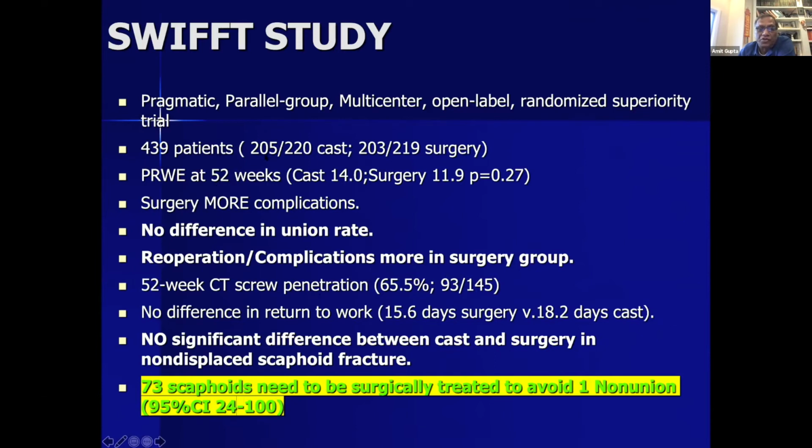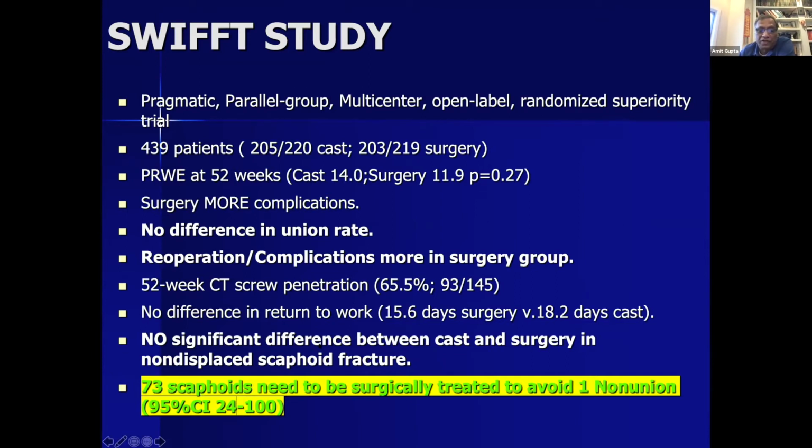Half of the patients were treated by cast, the other half by surgery. They found that surgery had more complications, and there was no difference in the union rate. Reoperation complications were more in the surgery group. Then they did a 52-week CT for surgical cases and found screw penetrations in many instances. And again, they found no difference in return to work in the surgery versus cast group.